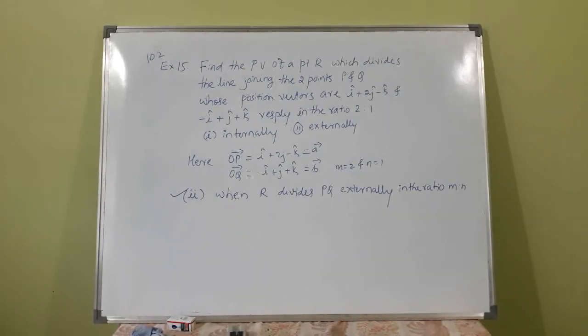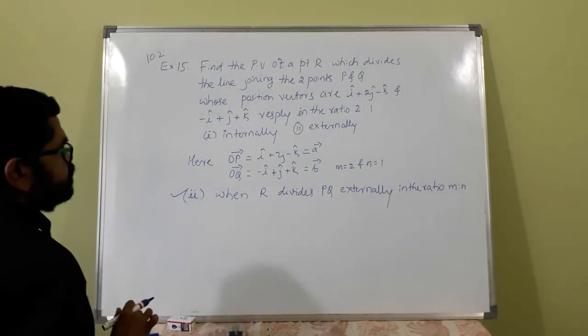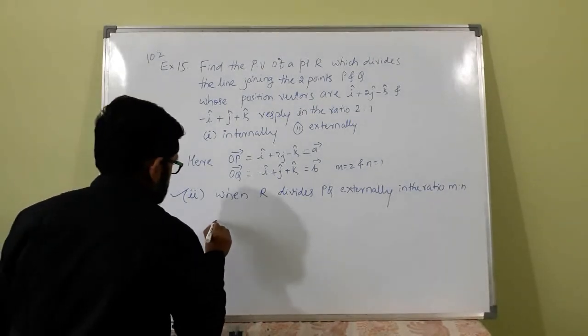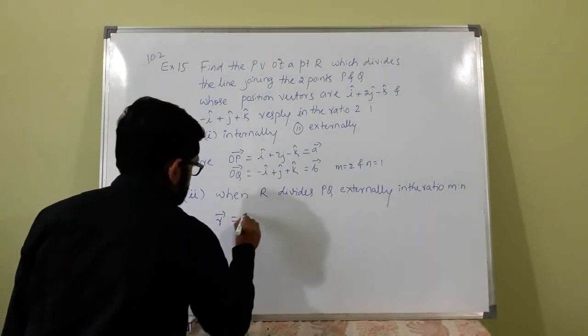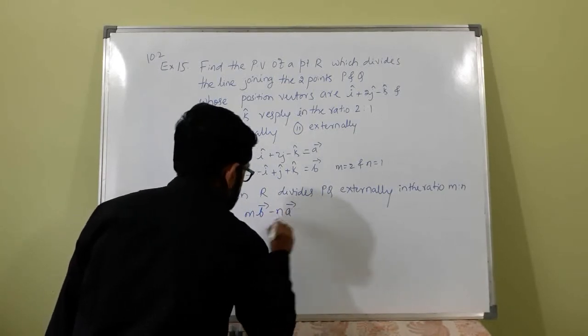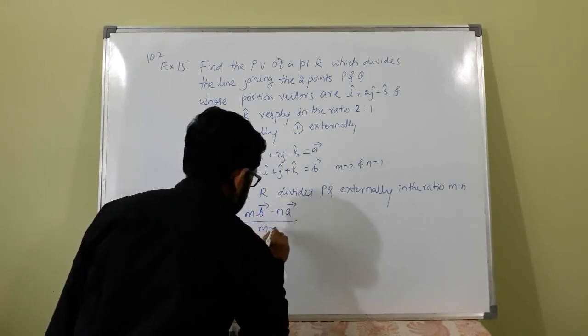When R divides PQ externally in the ratio m is to n, what is that? R is equal to (mB minus nA) divided by (m minus n).